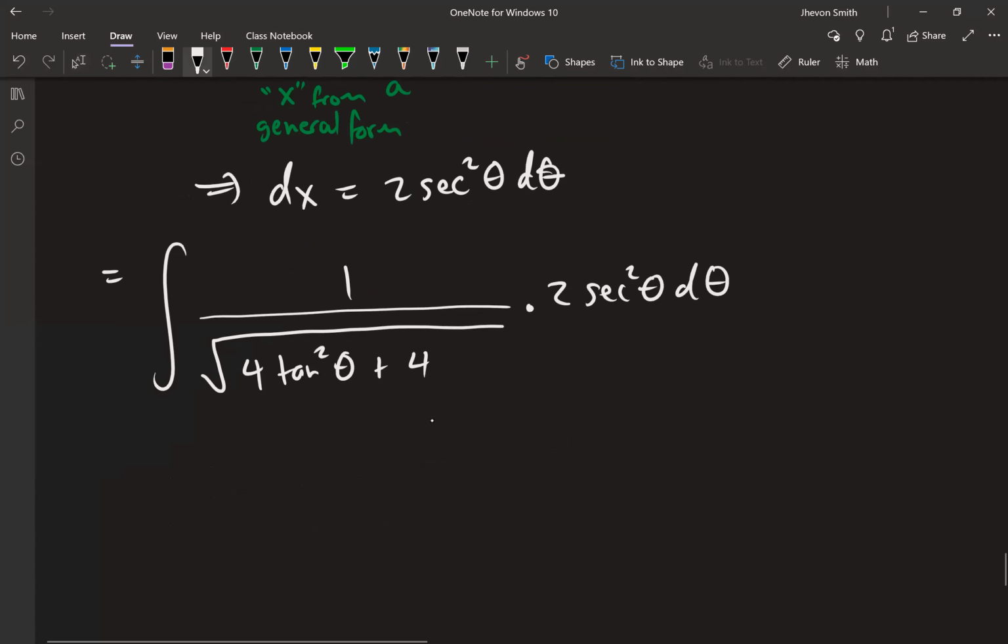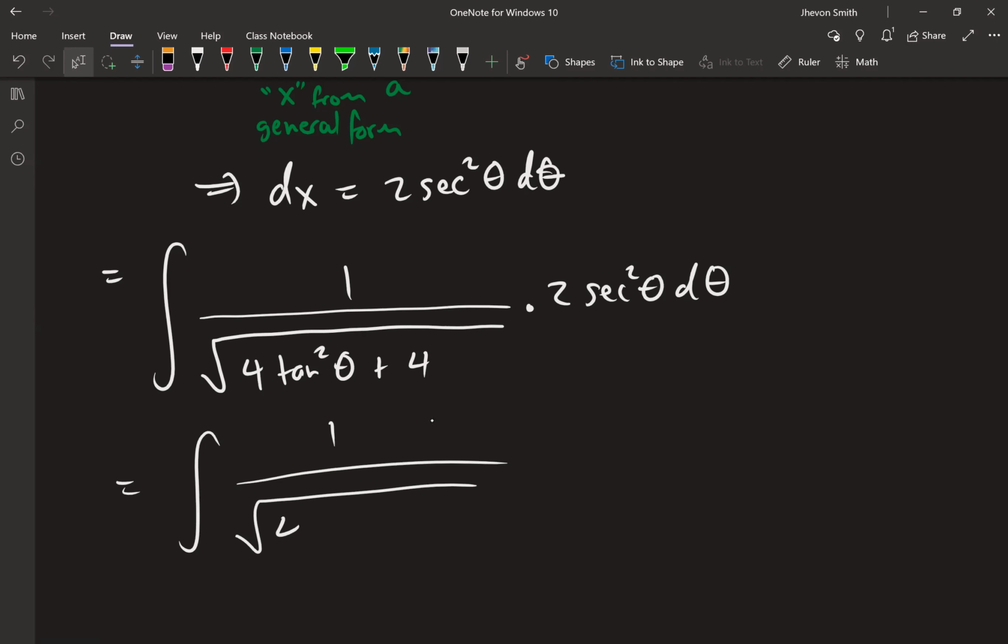Now that, of course, simplifies into 4 secant squared. That's the whole point of doing this substitution, to be able to simplify what's under the radical. Now this happens to be just 2 secant.